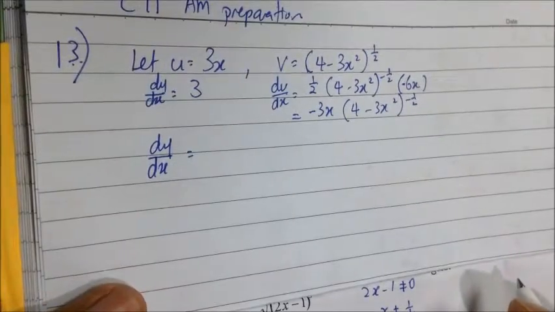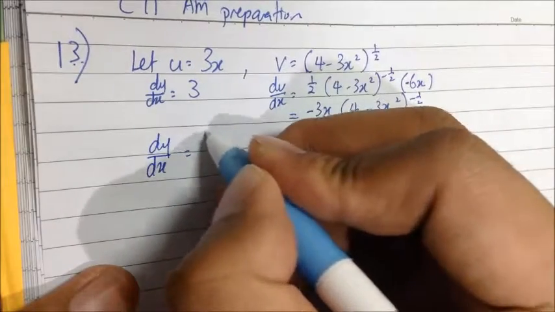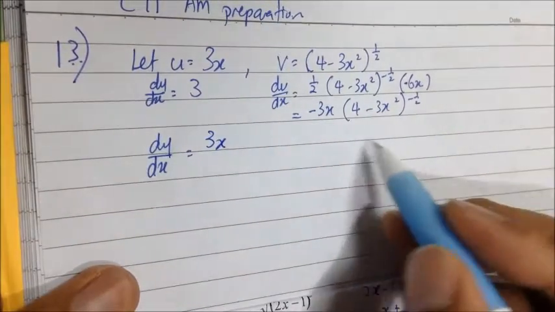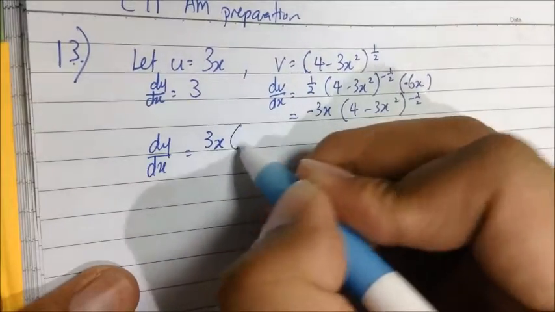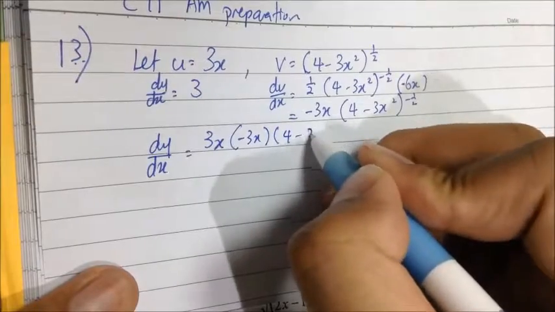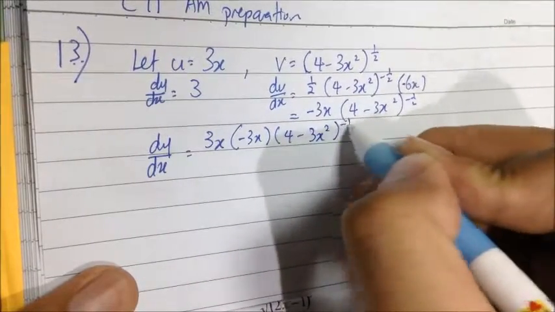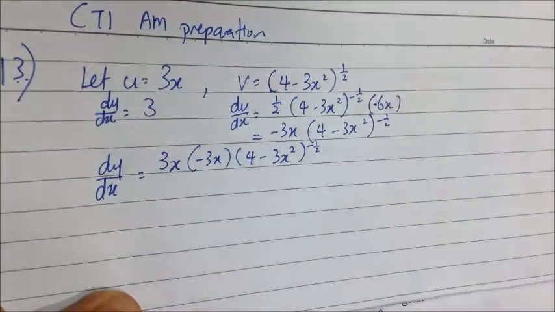So this is question 13. First, I copy down the first one, 3x, then I differentiate the second one, so I have minus 3x. After that, I plus.